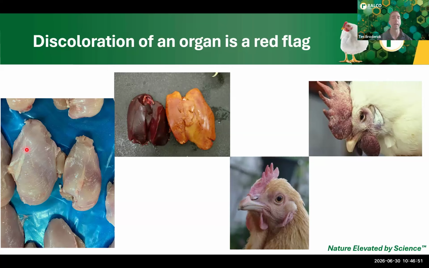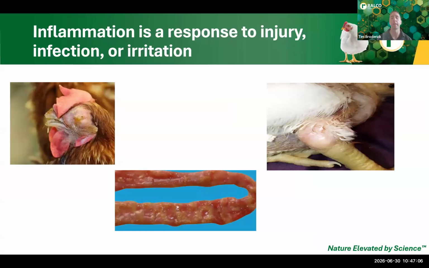So again, we're not rushing to judgment. We're not rushing to some type of conclusion. What we're trying to do is collect as much data as we can about the flock, and then at the end, utilize that to develop a strategy or next steps.